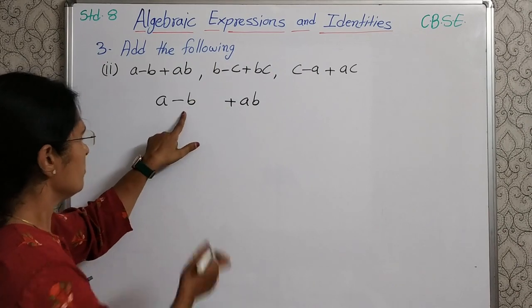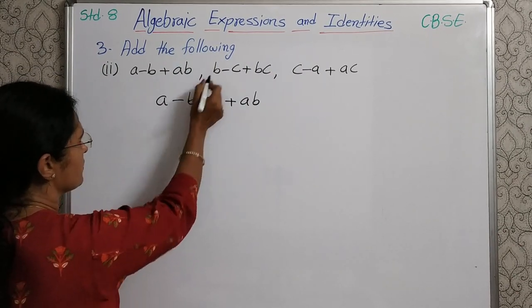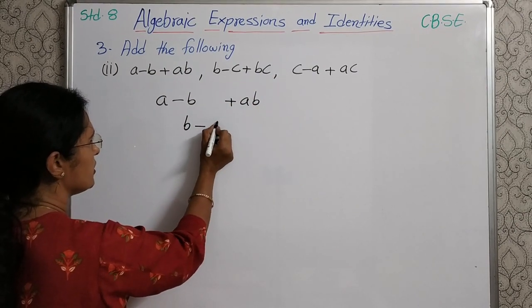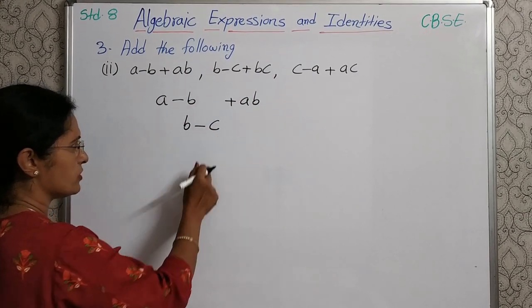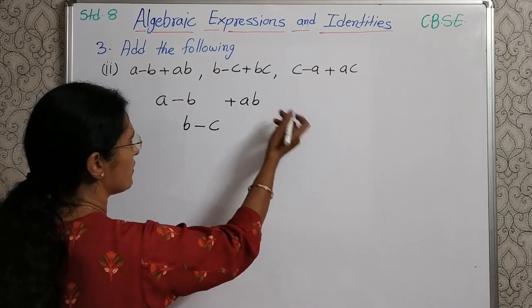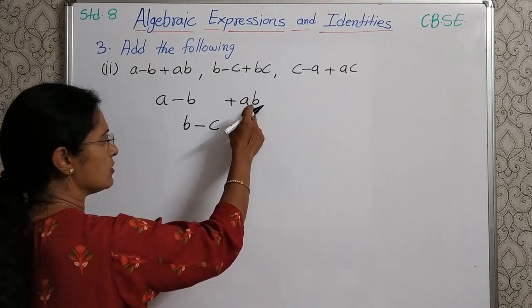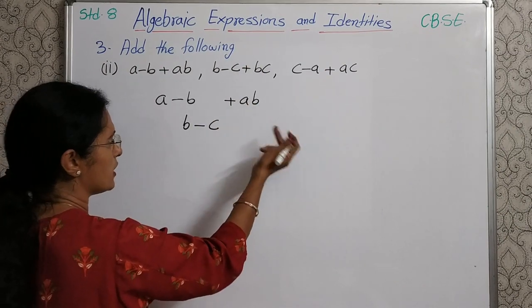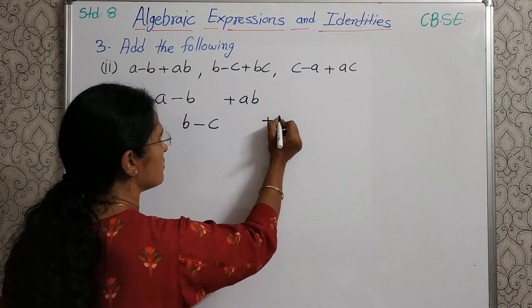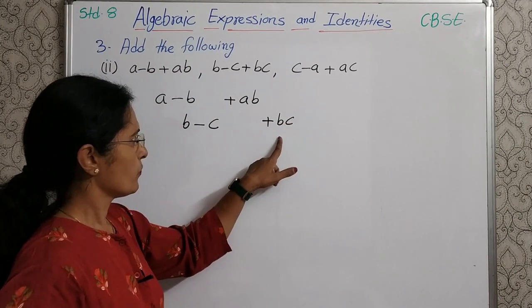So B will come below this minus B, which is positive B, then minus C, we'll write here. We left the space for C and then plus BC, that also we'll write after AB because there is no AB term. There are no like terms like AB. So we write BC after that.